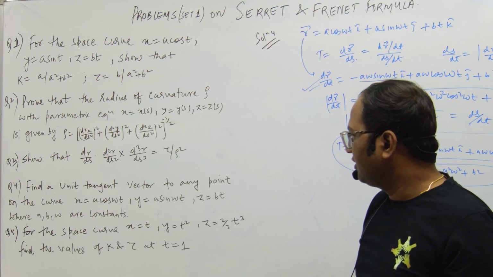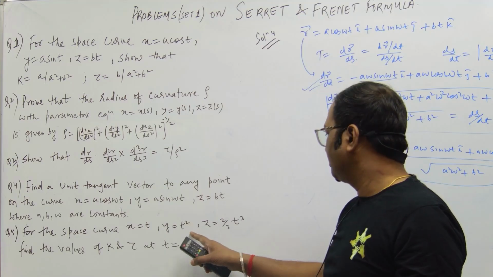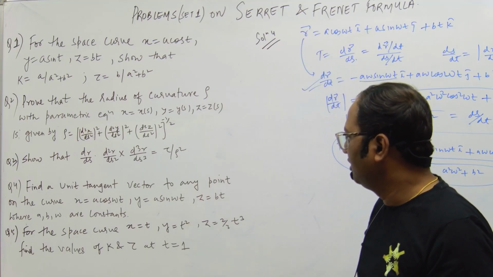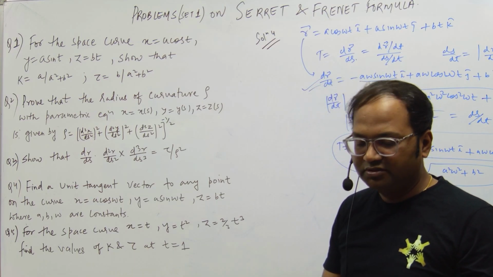In question number 5, we have to find, for the space curve x equal to t, y equal to t square, z equal to 2/3 t cube, the values of kappa and tau, that is curvature and torsion, at t equal to 1. Let us solve this.